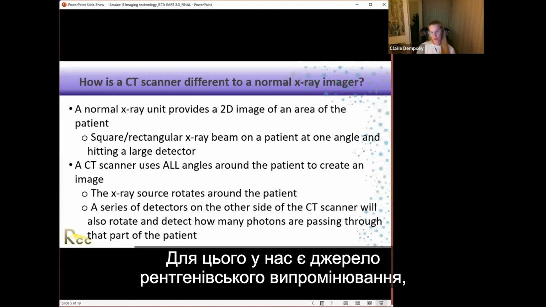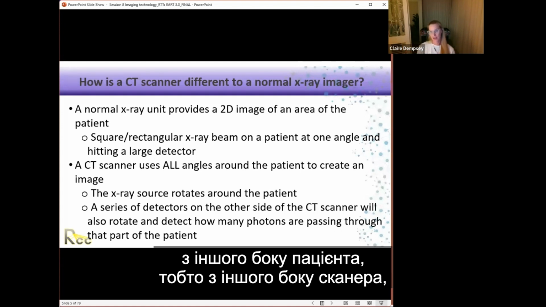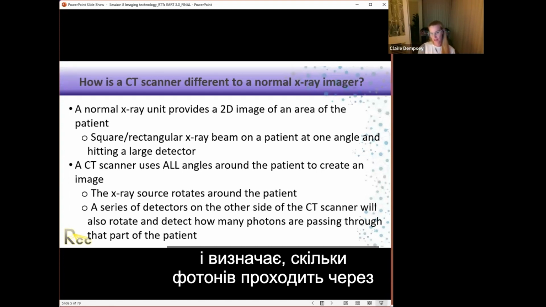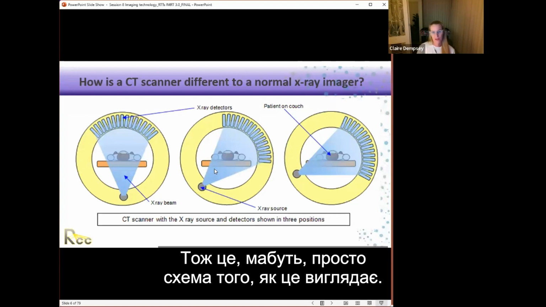To do this, we have an X-ray source that rotates around the patient, and then a series of detectors on the other side of the patient, on the other side of the scanner, rotates in conjunction with the X-ray source, and it detects how many photons are passing through that part of the patient. So this is a diagram of how that looks.